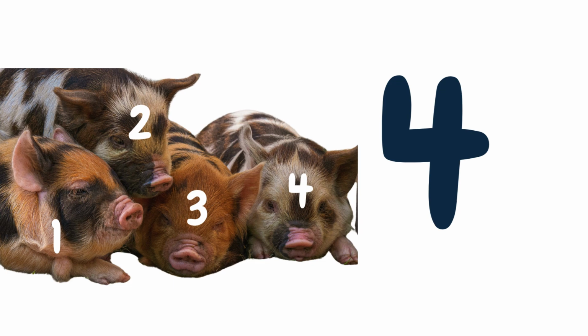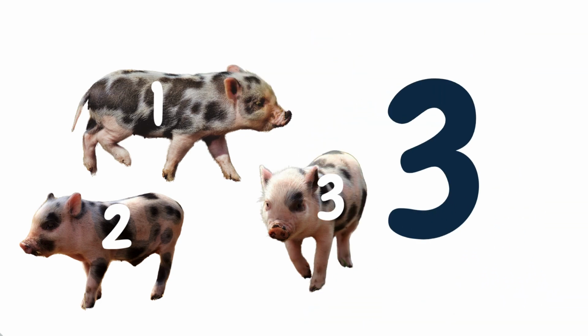We have 4 of his soccer friends that are invited to his birthday party. We have 1, 2, 3. We have 3 of his friends from school that are invited to Pork Chop's birthday party.